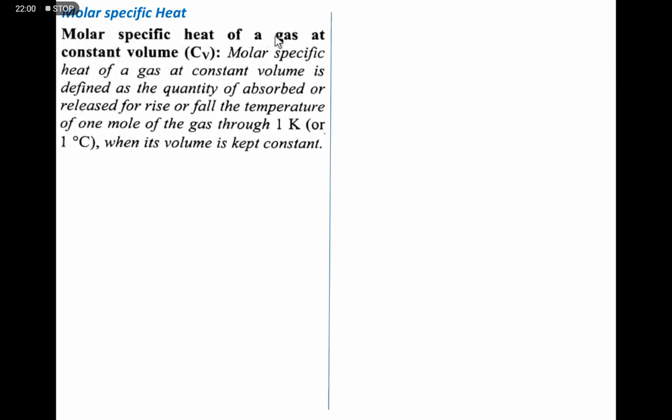Molar specific heat of a gas at constant volume, this is CV, that one is SV. Molar specific heat of a gas at constant volume is defined as the quantity of heat absorbed or released for rise or fall of the temperature of 1 mole of gas through 1 degree Kelvin or 1 degree Celsius when its volume is kept constant.